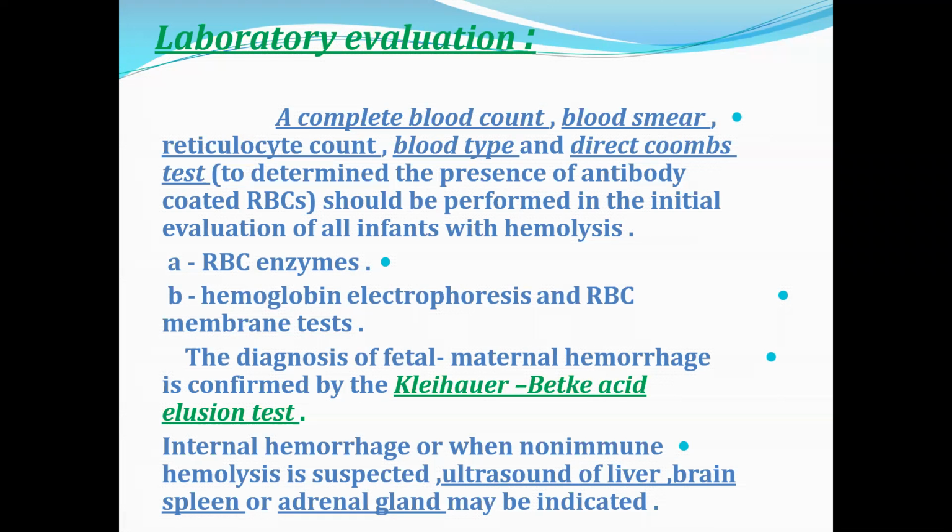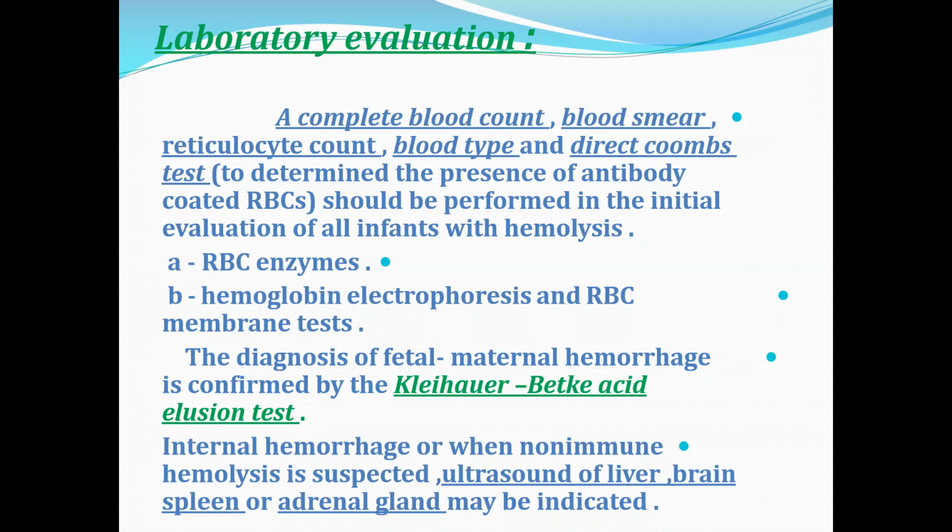The diagnosis of fetal maternal hemorrhage is confirmed by the Kleihauer-Betke acid elution test, so it is important to differentiate the maternal from the fetal hemoglobin, because fetal hemoglobin is alkaline resistant in nature, while maternal is acid-sensitive in nature.